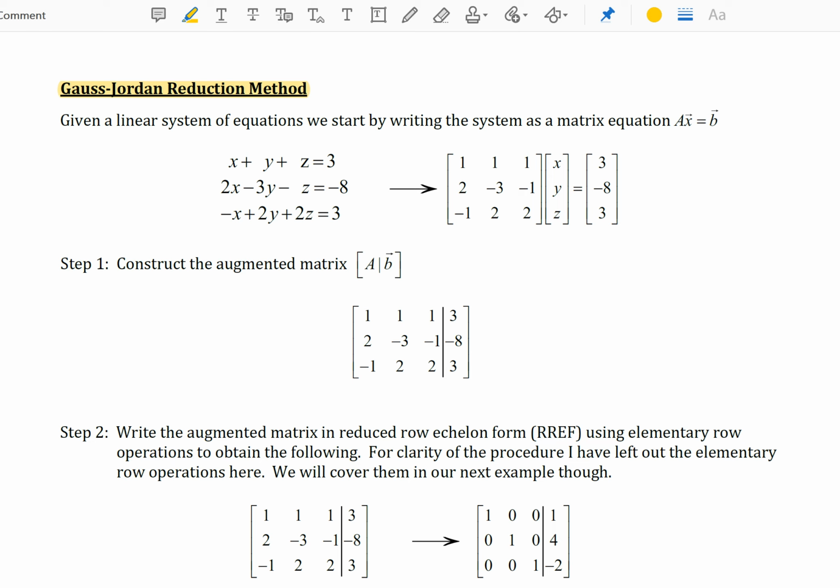Given a linear system of equations, we start by writing the system as a matrix equation, AX equals B. Recall, to write a system of equations as a matrix equation, we first write our coefficient matrix.